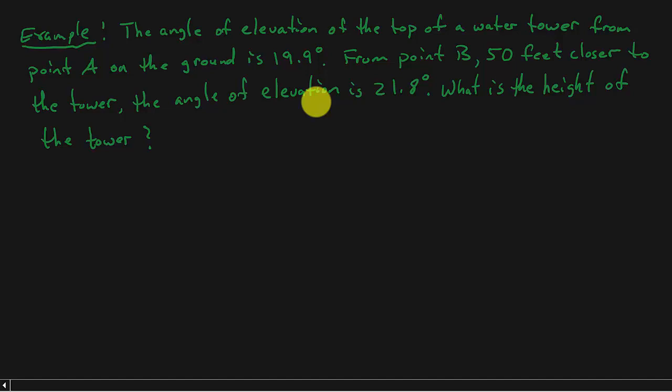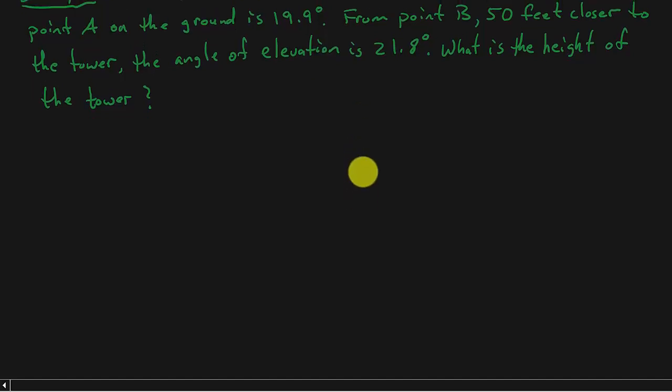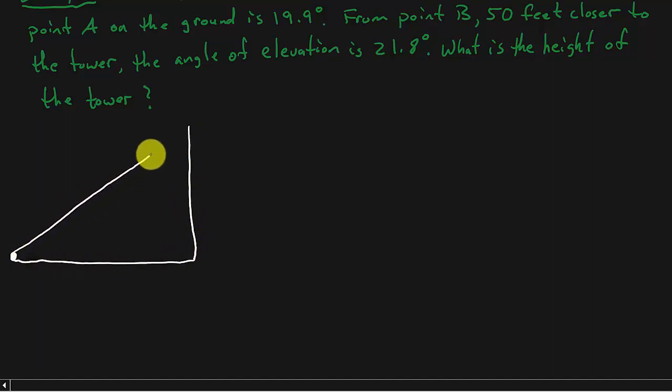What is the height of the tower? All right, so let's draw this up. So we've got a tower here, and we've got a point out here that's going up to the top of the tower, and they tell us that is 19.9 degrees. You can call this point A.